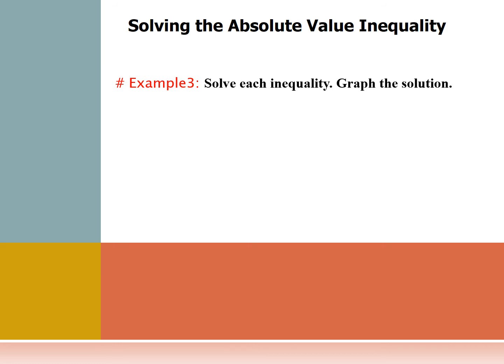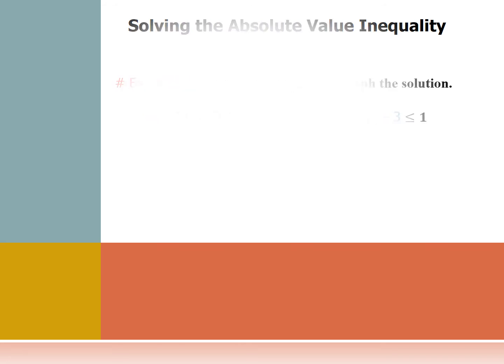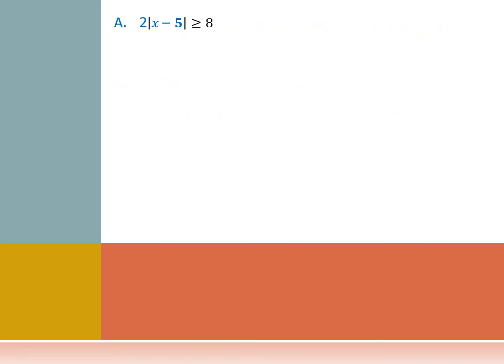Solve each inequality, then graph the solution. So we have two inequalities and we have to find the solution of them, then find the graph of them. The first one: 2 times the absolute value of x minus 5 is greater than or equal to 8.